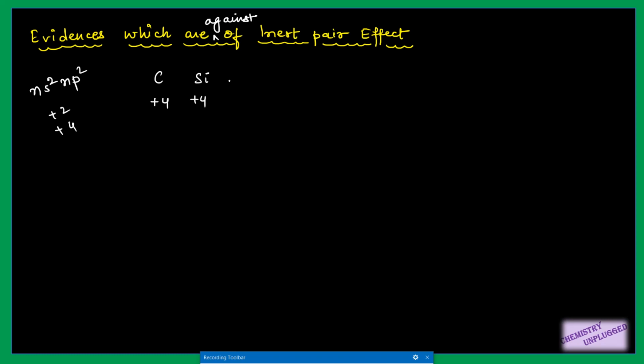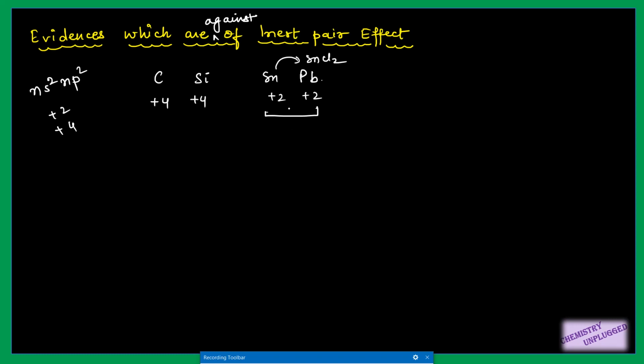Then come the heavier elements. Suppose we are taking tin and lead, the last two elements. They will preferentially show +2 oxidation state. Their +2 oxidation state is more important than +4. SnCl2 is more stable than SnCl4.